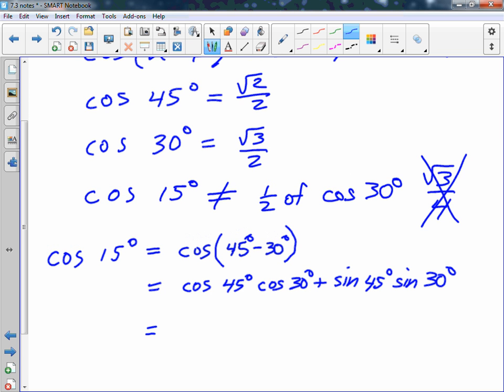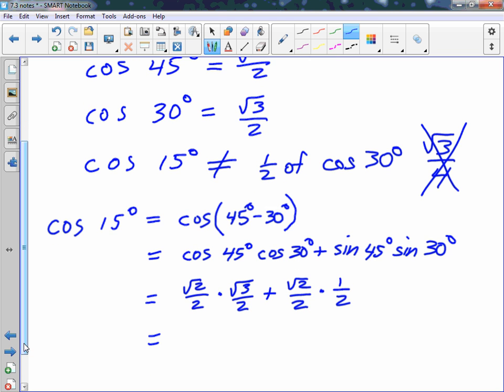I'll leave that visible. We said the cosine of 45 was root 2 over 2 times, not plus, times root 3 over 2 plus the sine of 45, root 2 over 2 also, times the sine of 30, 1/2. Very good, Rodney. Equals, well, you can leave this as root 2 times root 3, or you can combine them and say root 6.